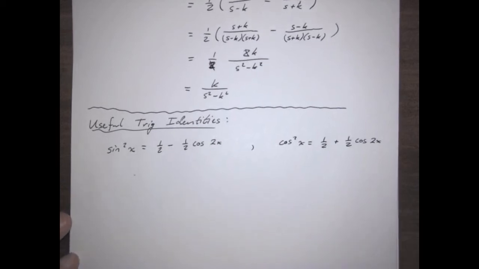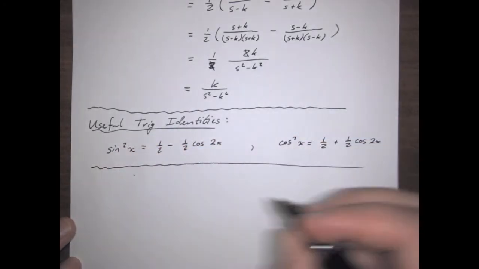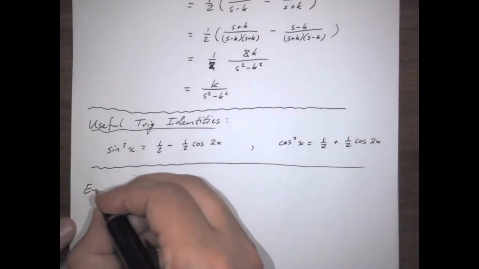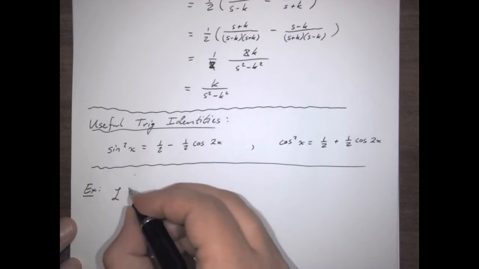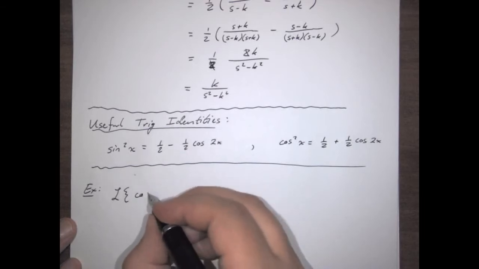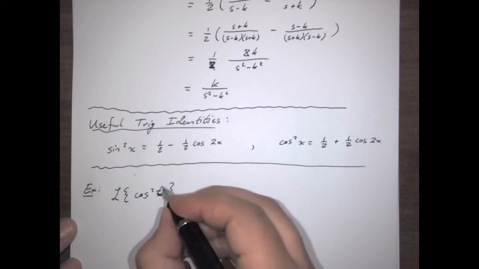So these, you'll recall, came in handy from time to time in finding an integral, for example. Now, as an example, let's say you wanted to do something like the Laplace transform of cosine squared t.